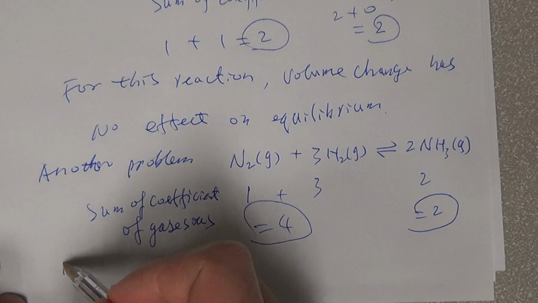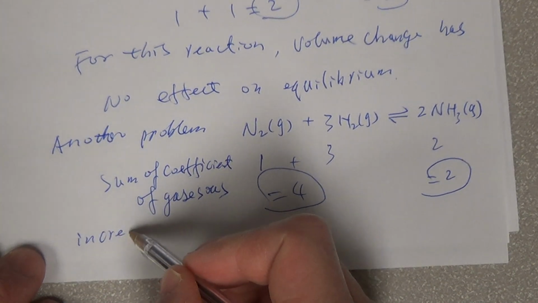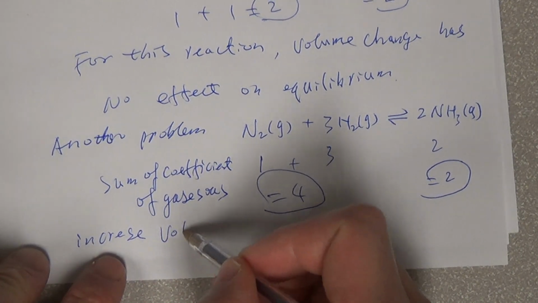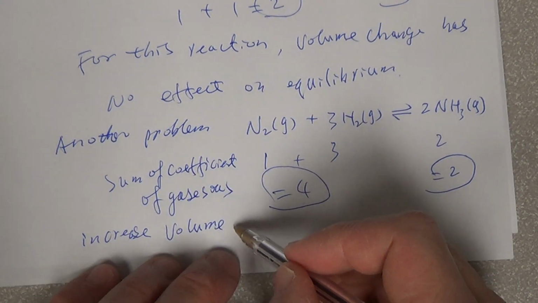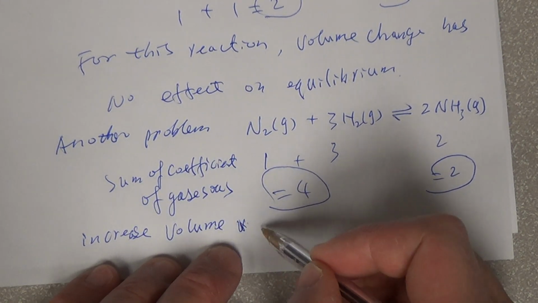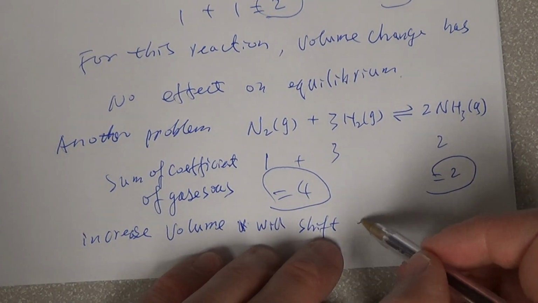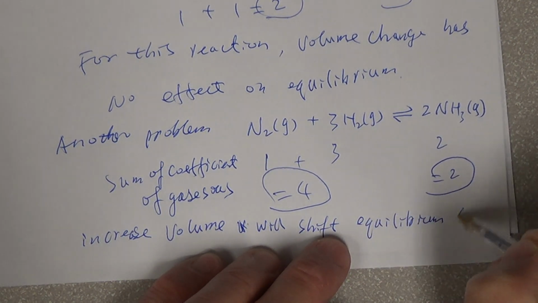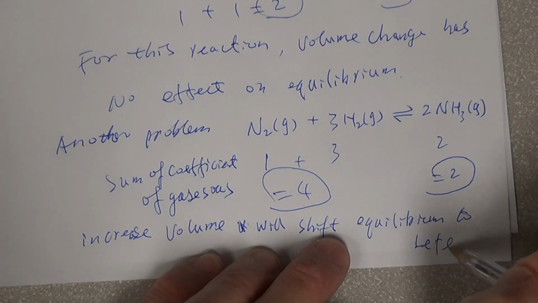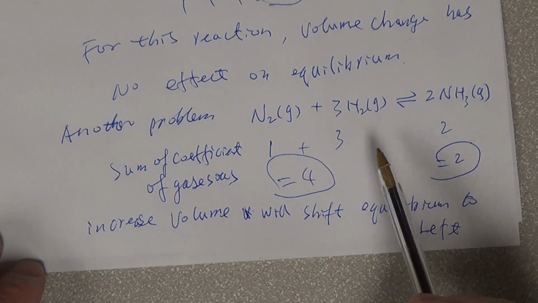So therefore, one example is increase volume will shift our equilibrium to the left. Okay? And oppositely, if you decrease the volume of this reaction, you're going to shift it to the right.